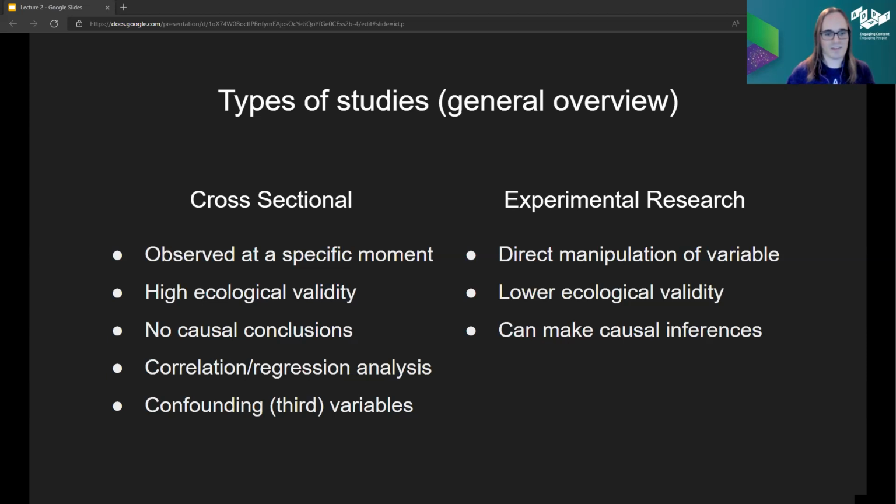In reality, it's more of a continuum between control and ecological validity, that as you get more of one, you typically get less of the other. If you end up taking the research methods module in the spring, this is a point I will return to frequently if I'm teaching it, and if I'm not, whoever is will make that point as well, that you always have this trade-off between control and ecological validity.